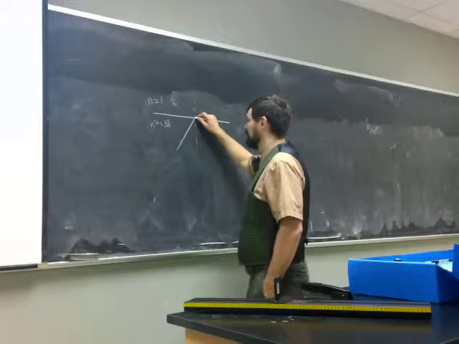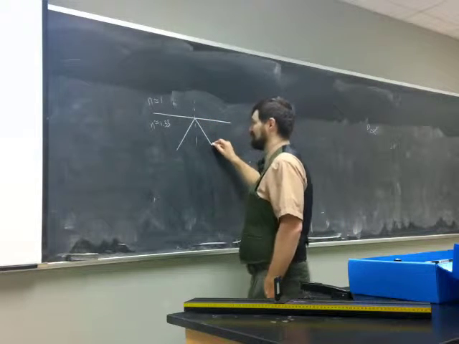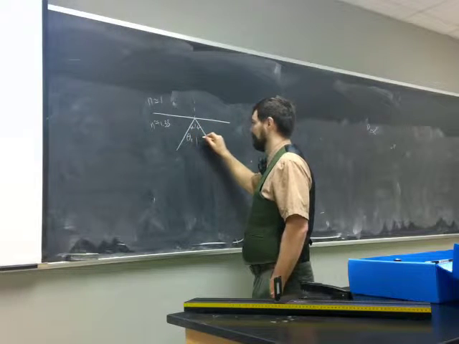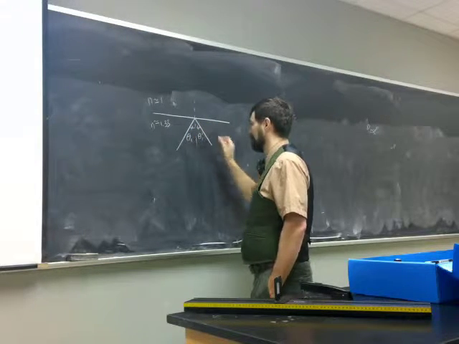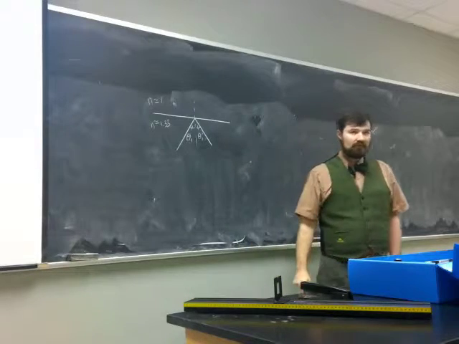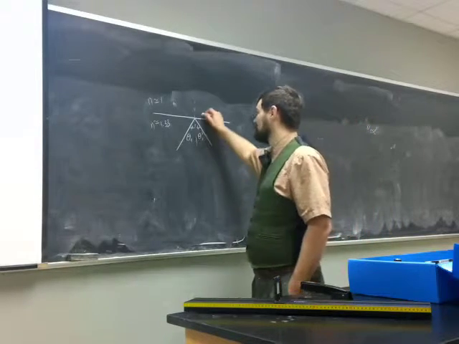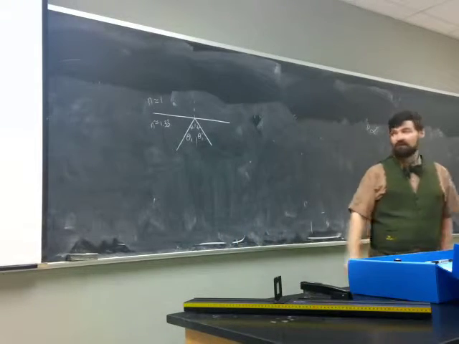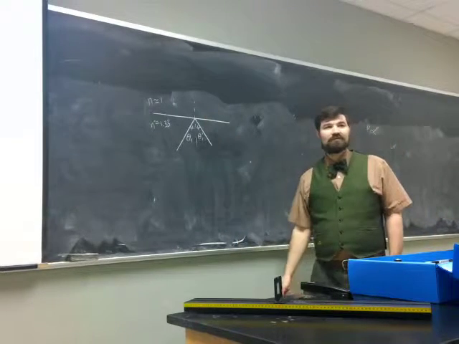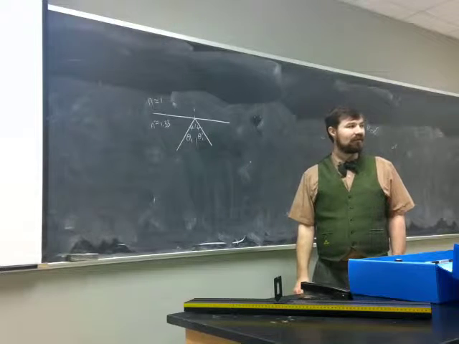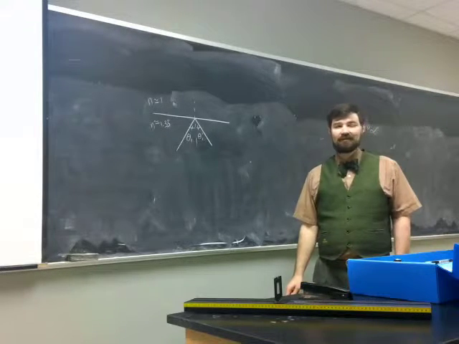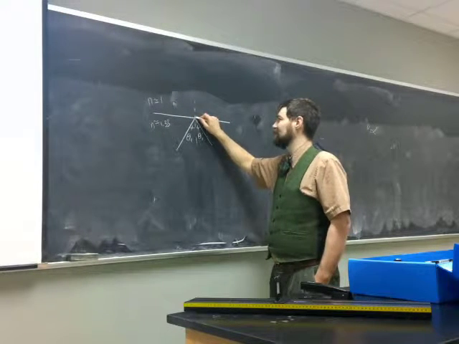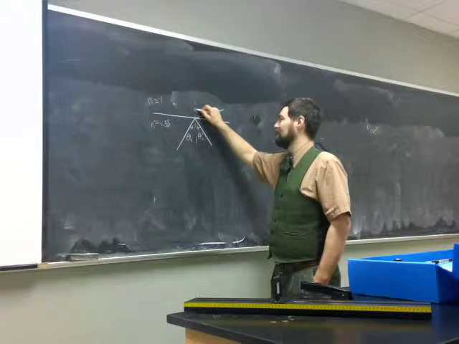The reflected ray has to make an equal angle to the incident ray. And then it refracts into the air out here. So the question is, does it bend away from the normal line or towards the normal line? And the answer is away from, because we're going from high to low refractive index. So this one will bend like this.